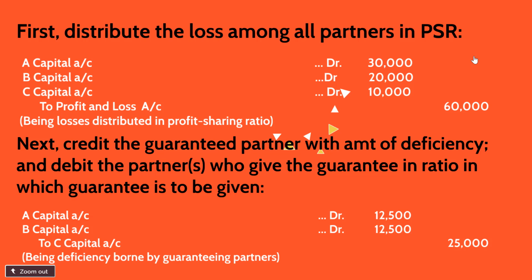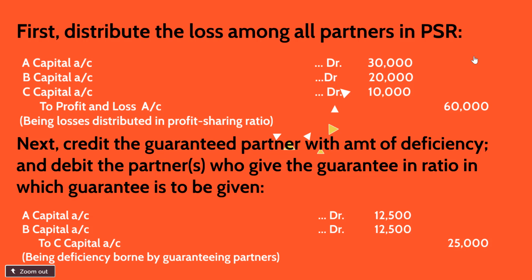The next journal entry is for the deficiency being borne by the guaranteeing partners. For this, we need to credit the guaranteed partner with the amount of deficiency. The partner who's given the guarantee is C, and we need to credit C's capital account with the amount of deficiency, which in this case is rupees 25,000, and debit the partners who give the guarantee in the ratio in which the guarantee is to be given.